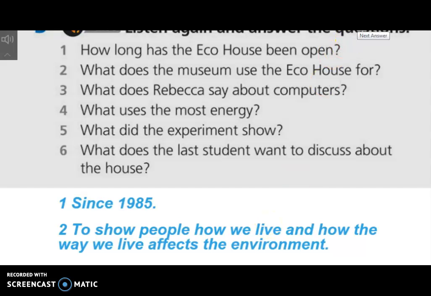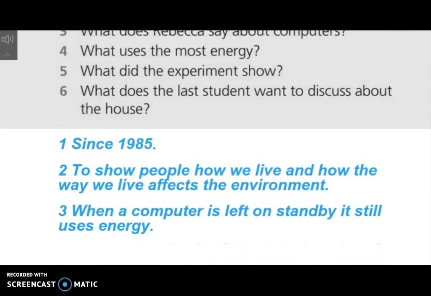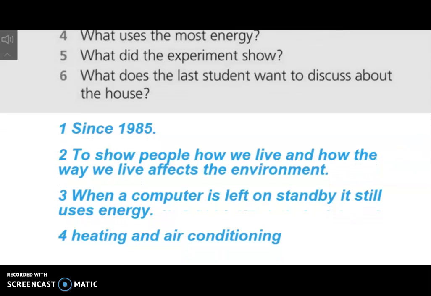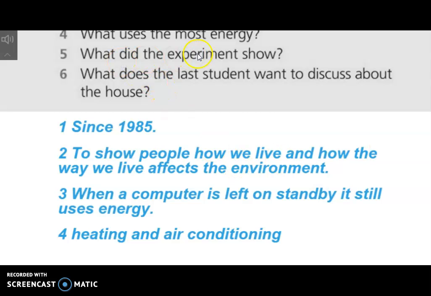Number 3, what does Rebecca say about computers? When a computer is left on standby, it still uses energy. Number 4, what uses the most energy? Heating and air conditioning. Number 5, what did the experiment show?